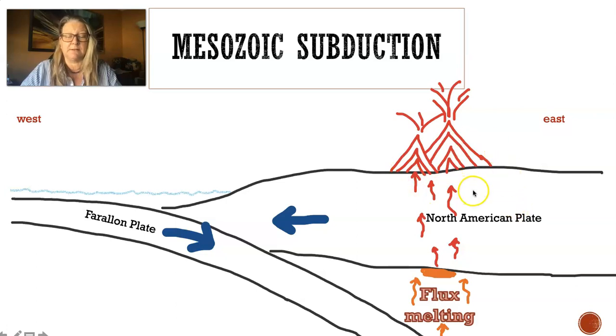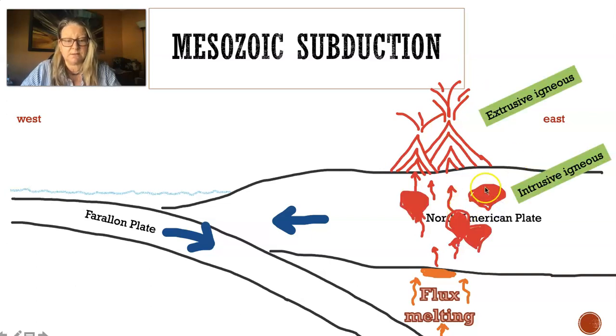This is the subducting volcanic arc that we've talked about for subduction zones. But remember, sometimes the magma doesn't make it all the way up, and it stalls, and it makes these magma plutons. So here we have a scenario where we have extrusive igneous and intrusive igneous rocks forming above a subduction zone. No surprises here. We've learned about this before.